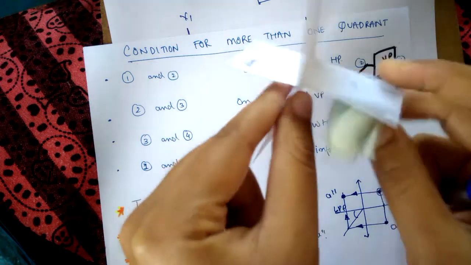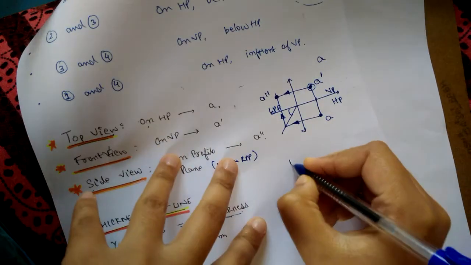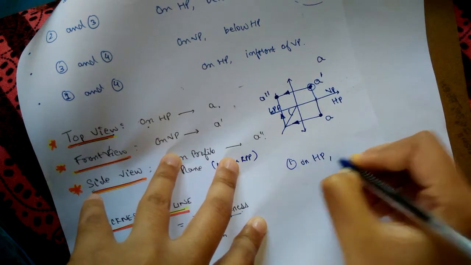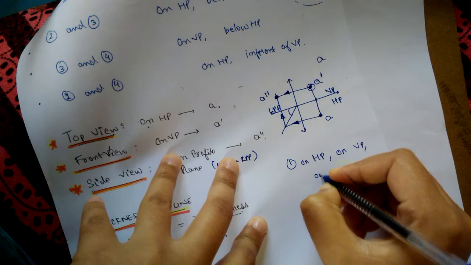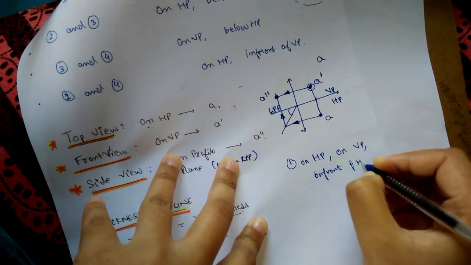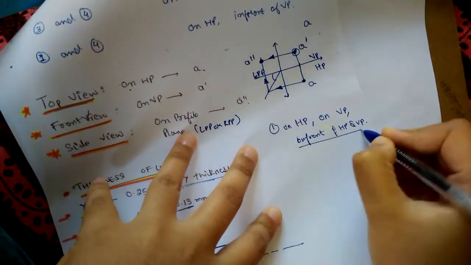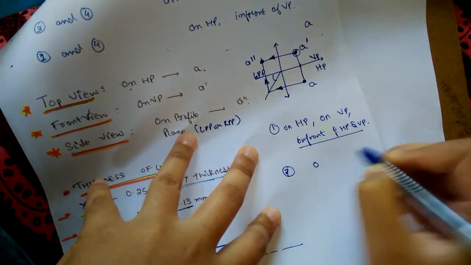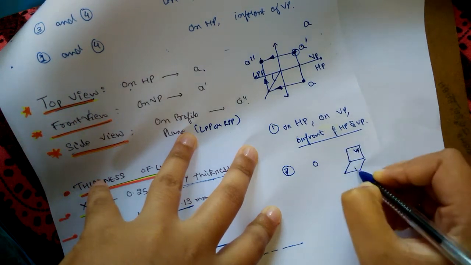So what are the four conditions we are getting here is for the first angle of projection, the object can be on HP, on VP, or in front of HP and VP. You always remember this 2D figure like this, VP, HP.